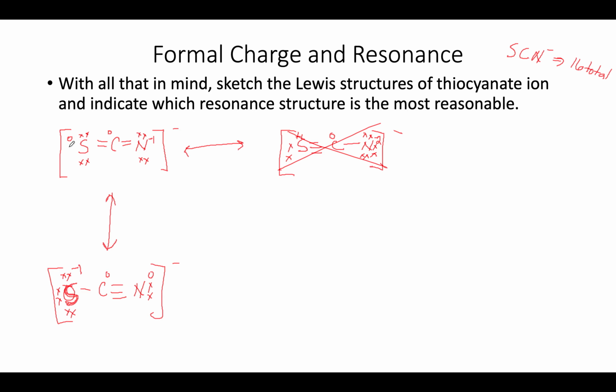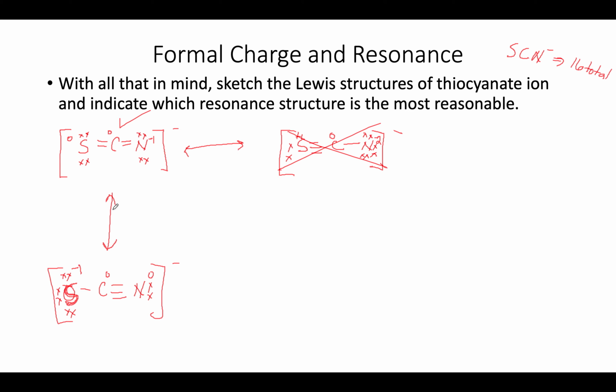So then we've got the choice between these two, where there is a -1 charge on nitrogen or a -1 charge on sulfur. And nitrogen has a higher electronegativity than sulfur, so I would say that one is the preferred resonance structure, because the formal charge of -1 is on that nitrogen atom with a higher electronegativity than the formal charge of -1 on that sulfur atom right there.